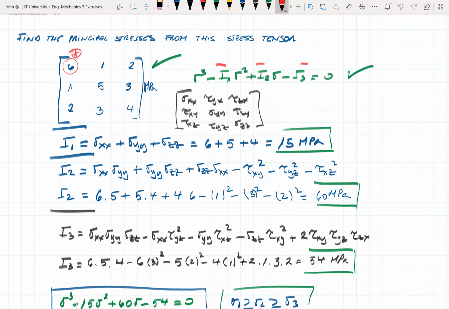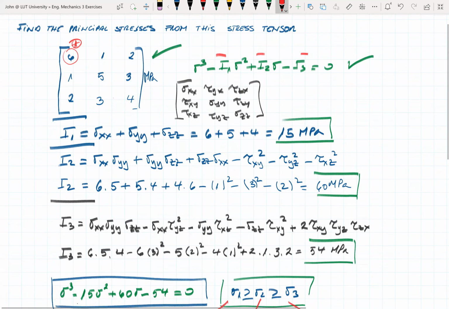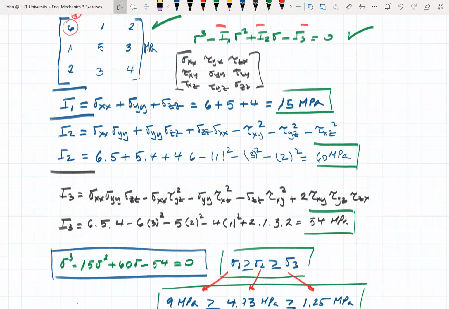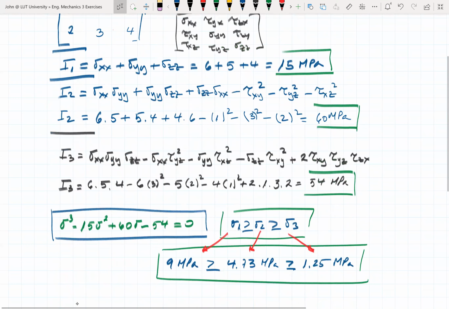However, when you find this plane where these principal stresses are, and you calculate these principal stresses, you find out that actually 6 is not the largest stress present in the body, but it's 9. By the way, this could be positive or negative depending on how the calculation goes.